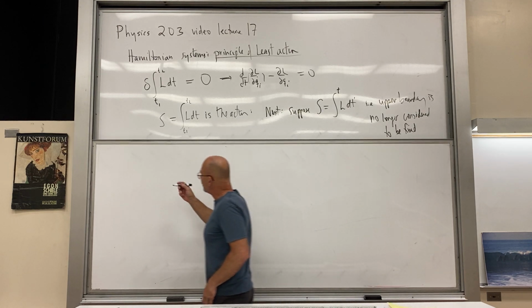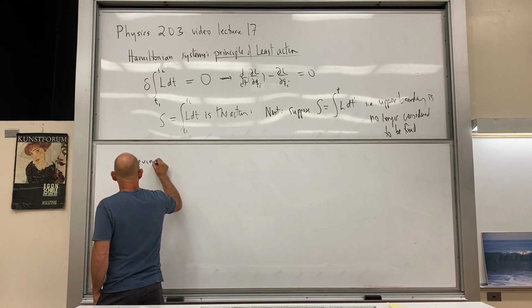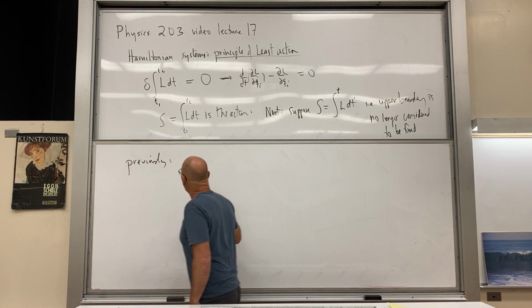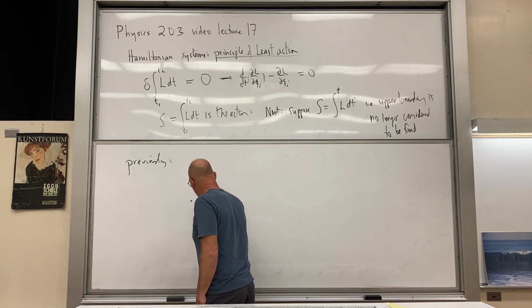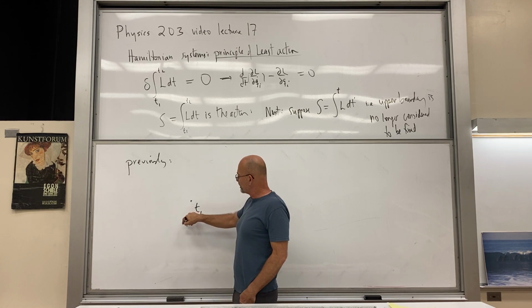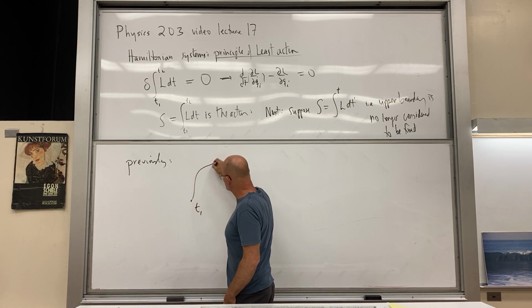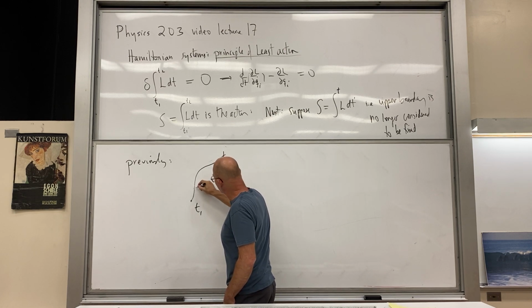What we had prior to this, we had a mechanical system, and it was represented by one point in configuration space corresponding to T sub 1, and then there's the motion of the system, a point in configuration space corresponding to T sub 2.